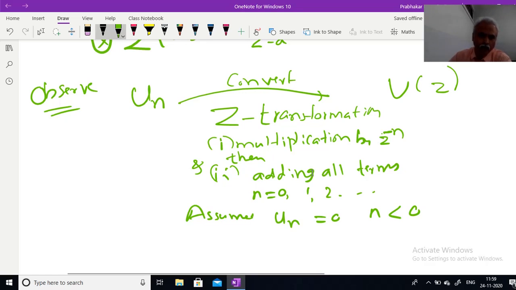Now we are ready to define what is z transform. So you should be able to write the definition of z transform.